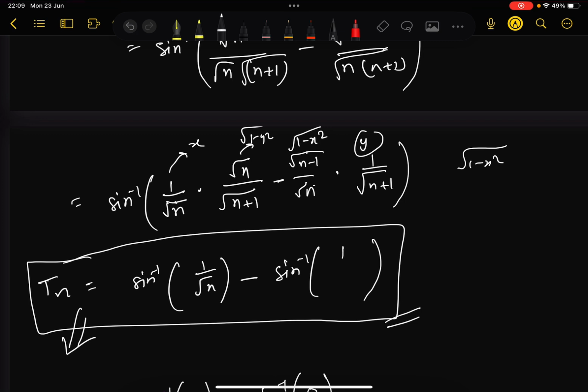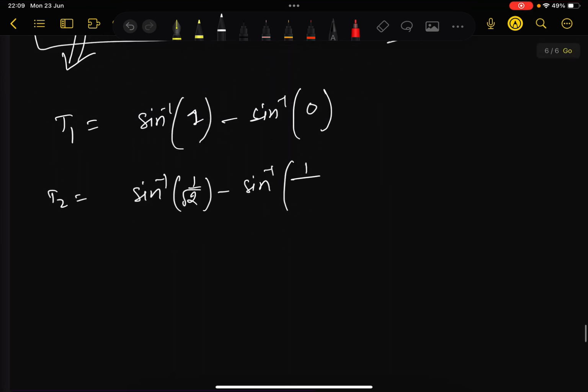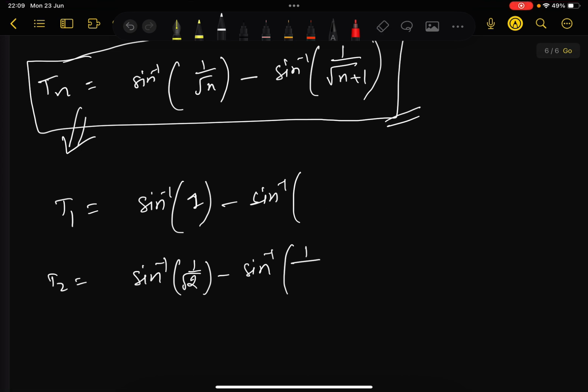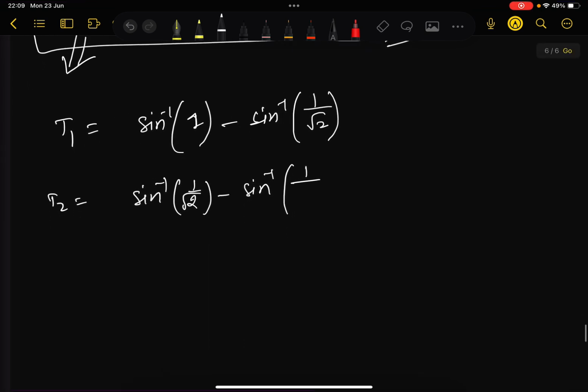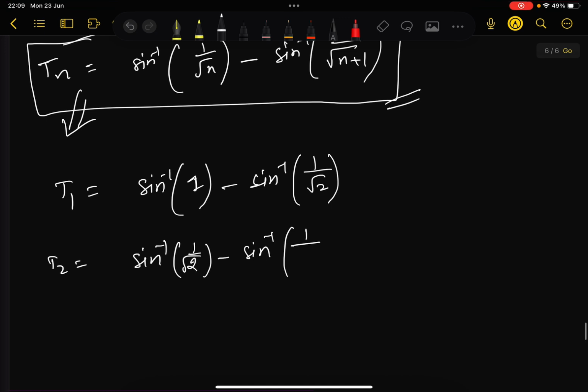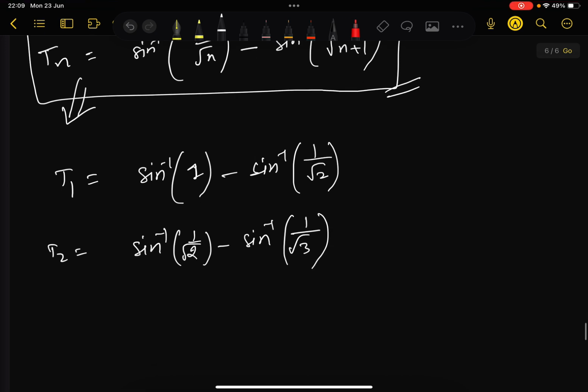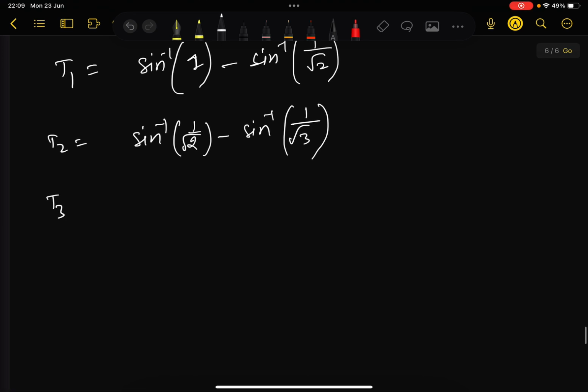So here this will become 1 upon root n plus 1, that is root 2, right, minus root 2. So here t2 is sine inverse 1 upon root 2 minus sine inverse of 1 upon root n plus 1, that is root 3. So what is t3?